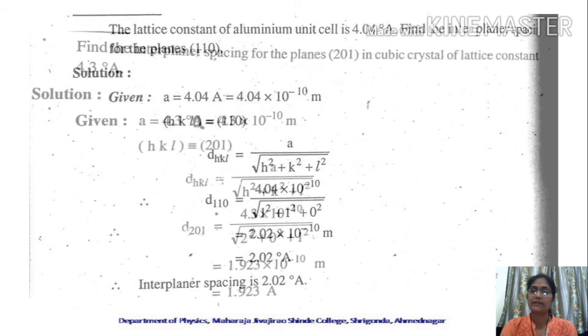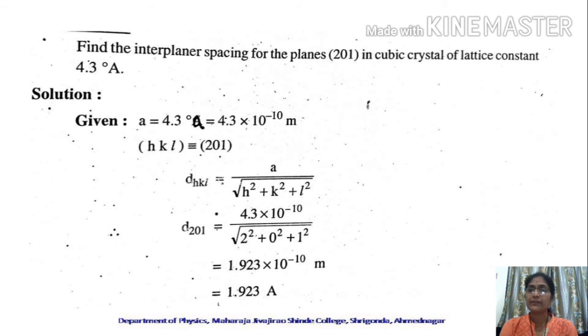The next example. Next example is also related to the same formula, but for different planes and different lattice constants. So just now I have explained the procedure, so you can easily find out the D values. I will read the example.